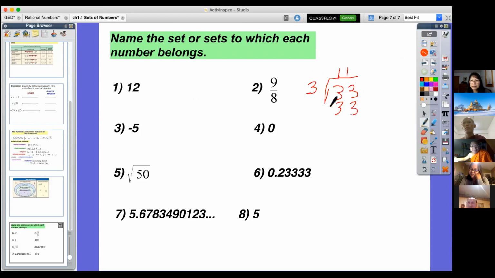So it's 3 times 11. That's why 33 is not a prime, because it's divisible by 3.